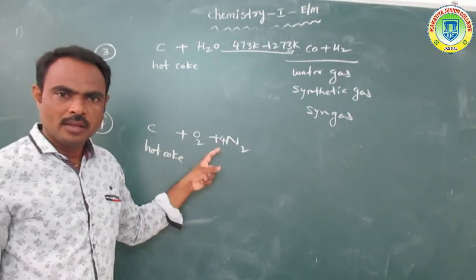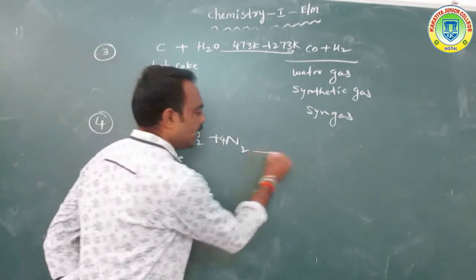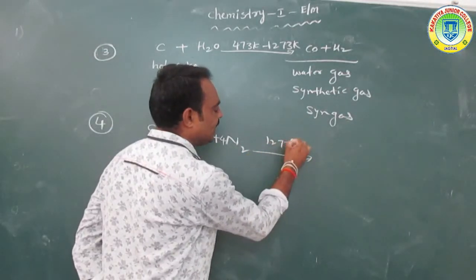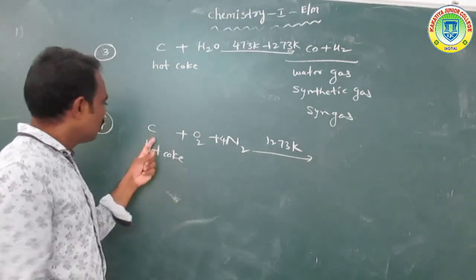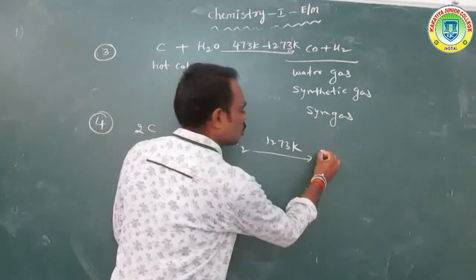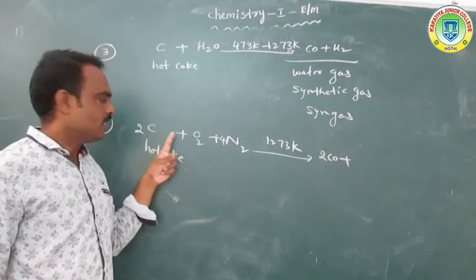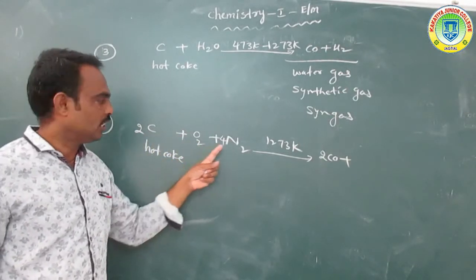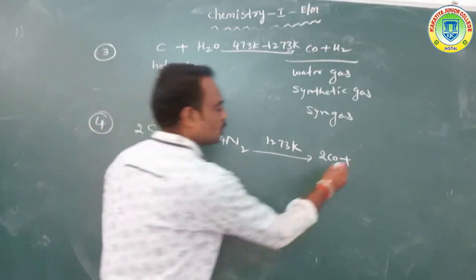When air is passed through the hot coke at 1273 Kelvin, it forms 2C plus O2 gives 2CO, and nitrogen.